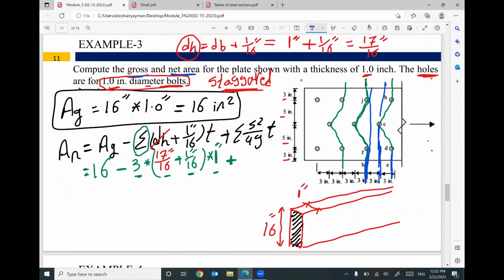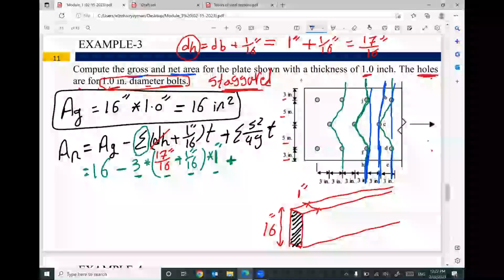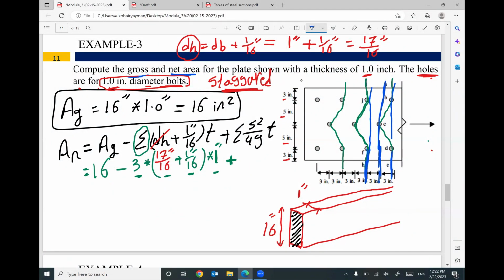That makes sense? If you project the positions of the bolts onto a vertical line, it looks like your S equals 3, so 3 squared, divided by 4G. G is the vertical distance between this row and this row, or between this row and this row. The vertical distance looks like 5 inches, times the thickness, which is 1 inch.